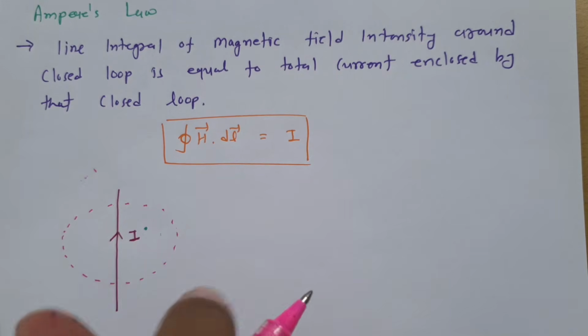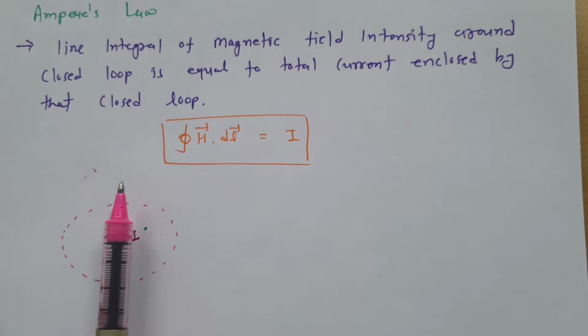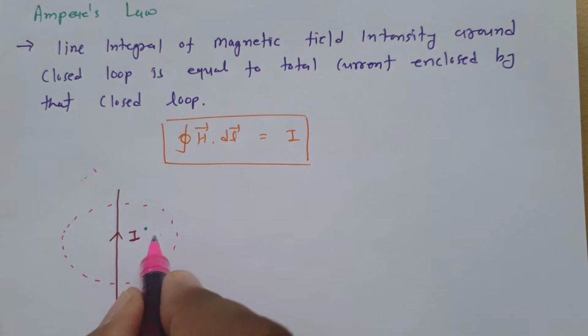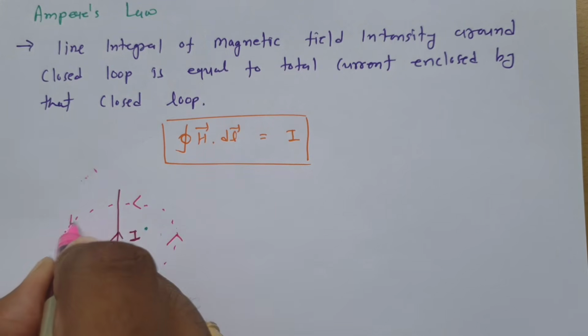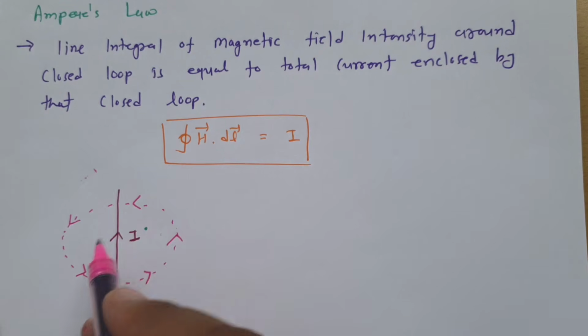The magnetic field direction will be as per the right hand thumb rule, or one can say the law of screw: if current is moving in this direction, you have to rotate the screw in a clockwise direction. Now if you do the line integration of this magnetic field intensity, that will be the total current passing through this wire. That is what Ampere's law says.